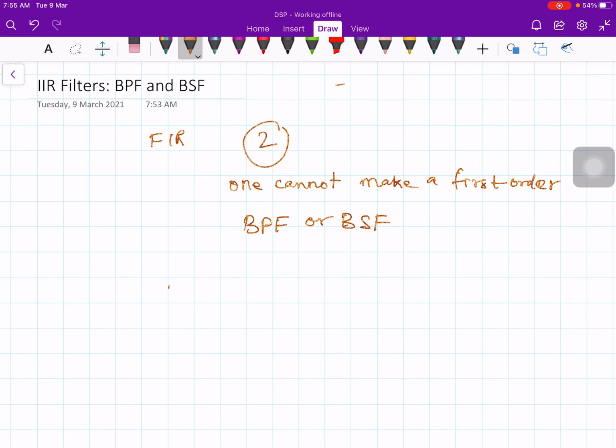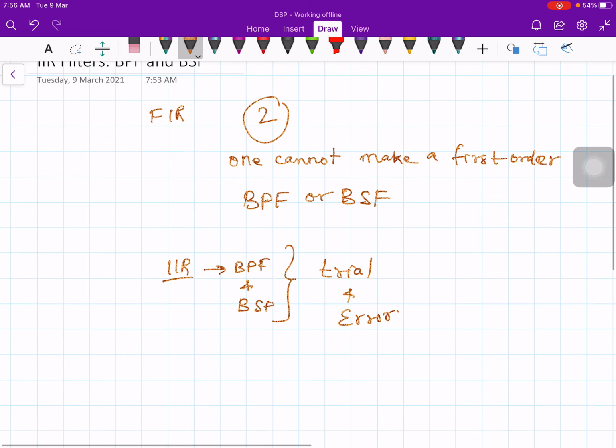And in the case of IIR, infinite impulse response filter, the band pass filter and band stop filter are constructed based on trial and error method. Okay, so the transfer function has been worked out by trial and error method. So let me write down the transfer function.